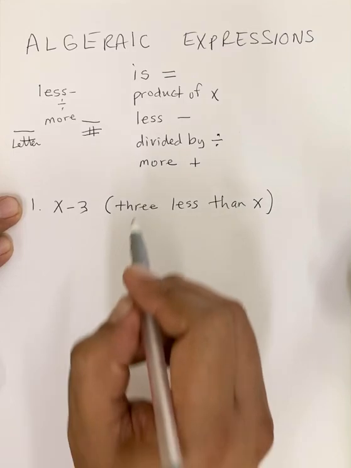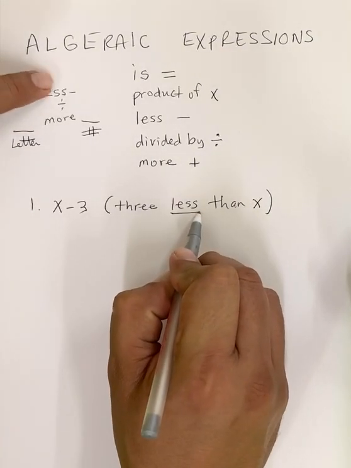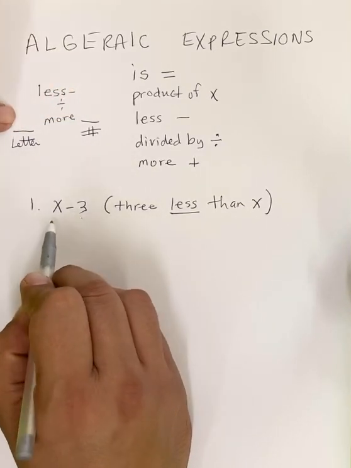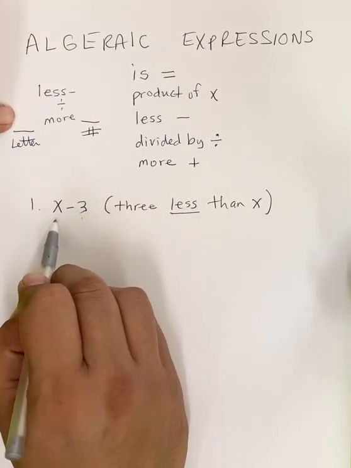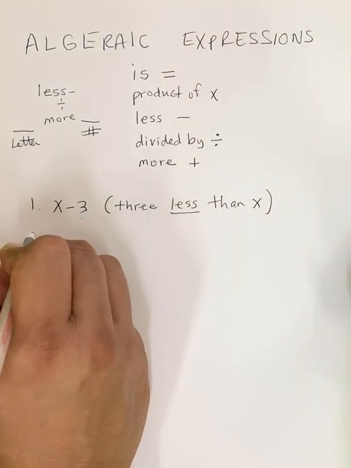Okay? So if I have less over here, it's telling me to put the number on the right hand side and the letter on the left hand side. Okay? And the less right here. Let's go on to problem number 2.